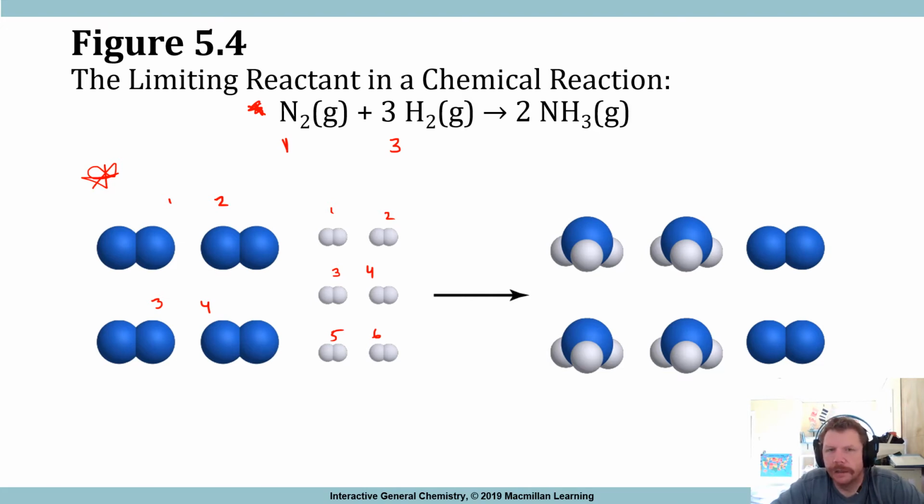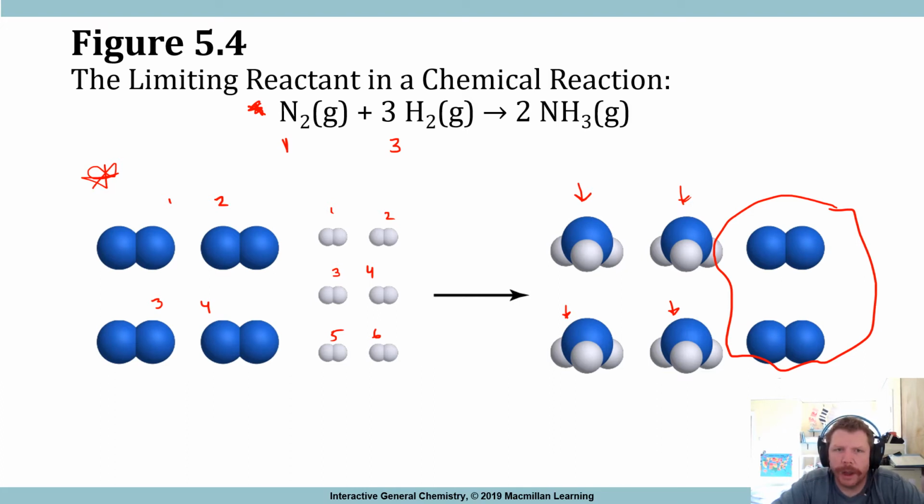Now let's look at the products that are generated. We've got this molecule right here, which would be our NH3. This is another NH3. We've got a total of 4 molecules of NH3 that are produced, and then we have an excess of N2. Now let's look back at our reactants. This molecule of N2, and I just picked this one because it was closest, is going to use 3 of those H2 molecules.